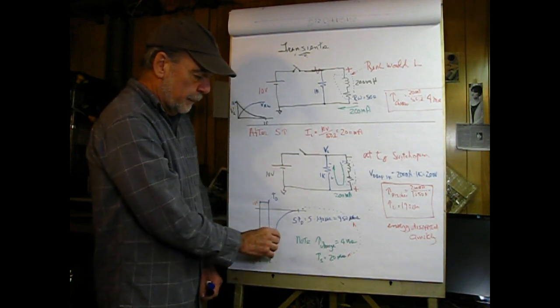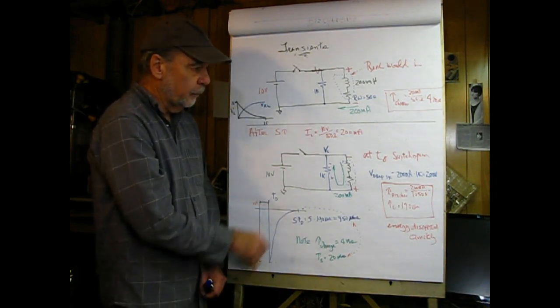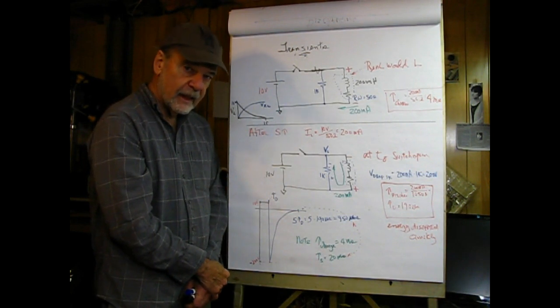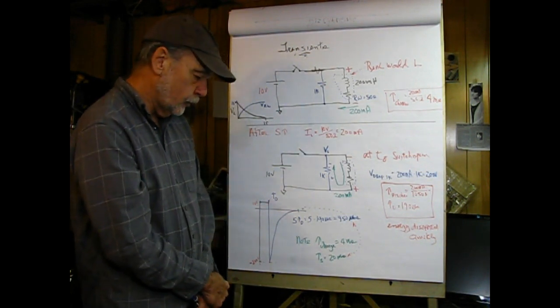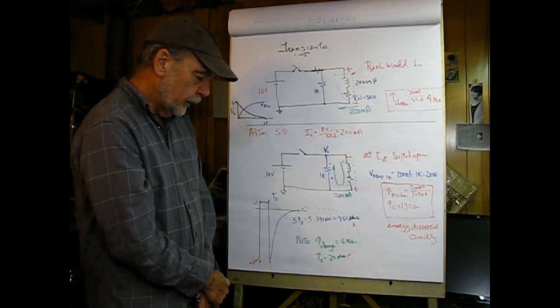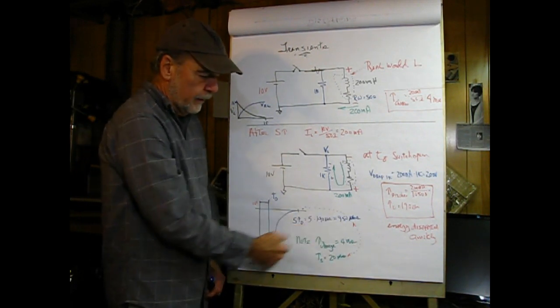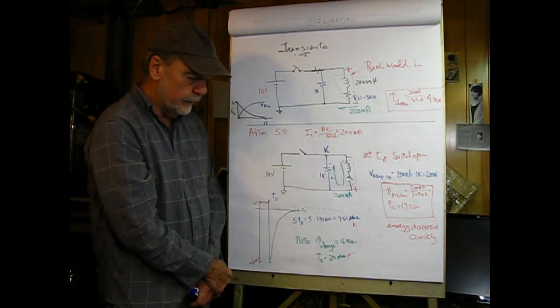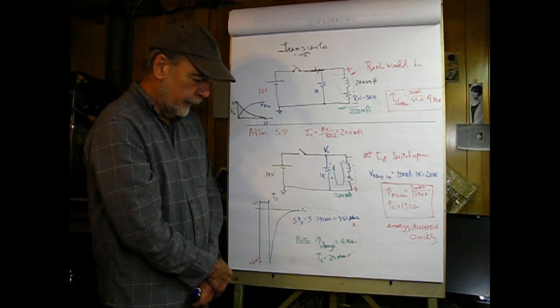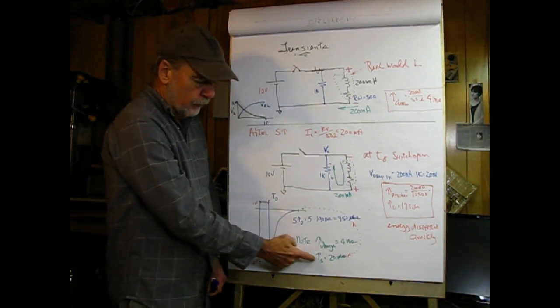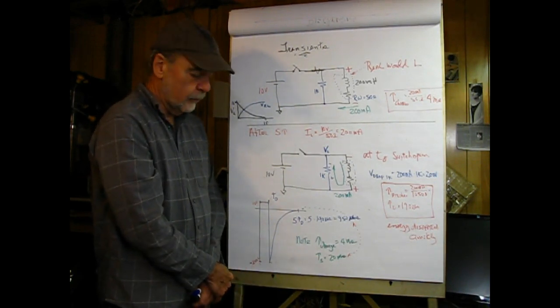Now all of this happens very quickly compared to the charging time, because the time constant of the discharging circuit is very much quicker. So at 5 tau, the discharge would be 950 microseconds, and the 5 tau for the charging circuit would be 20 milliseconds.